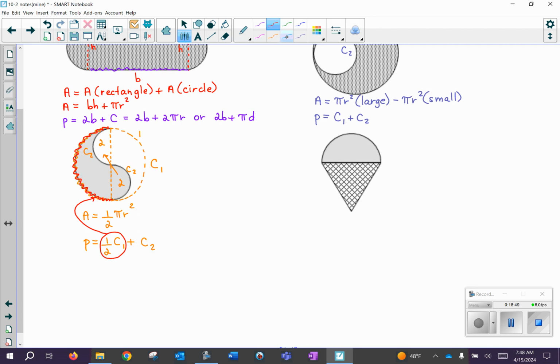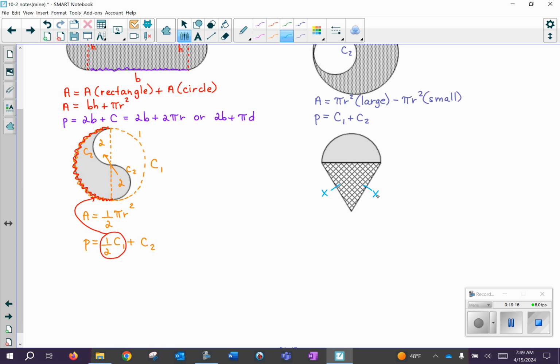Next shape then. So this sort of ice cream cone looking thing. And we're going to assume that it is a, we'll put some marks in here. If it's a perfect cone, it would be isosceles, so those sides would be equal. Let's give them length of x so that we can talk a little bit more about it.